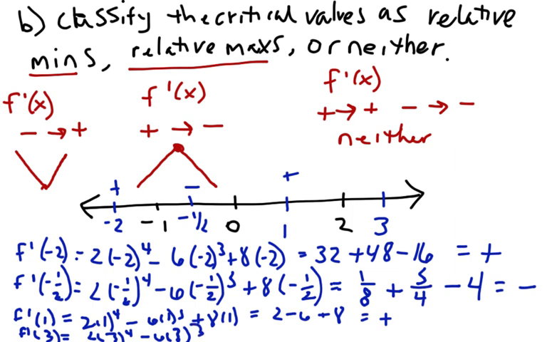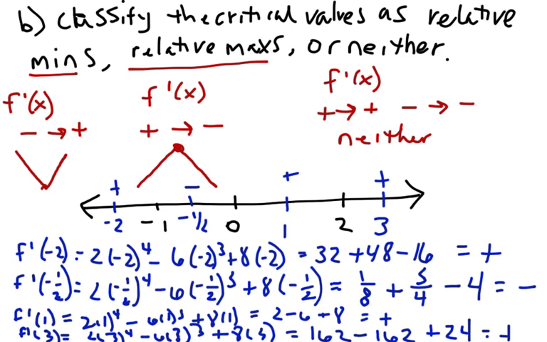This would be a lot easier on the whiteboard. That equals 162 minus 162 plus 24. That's going to be positive.